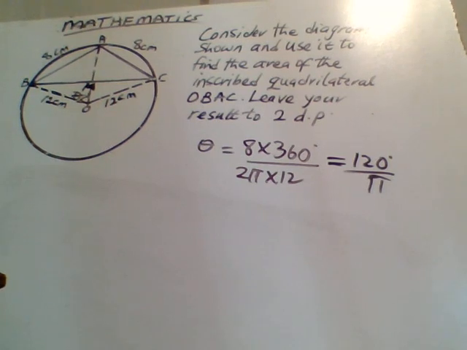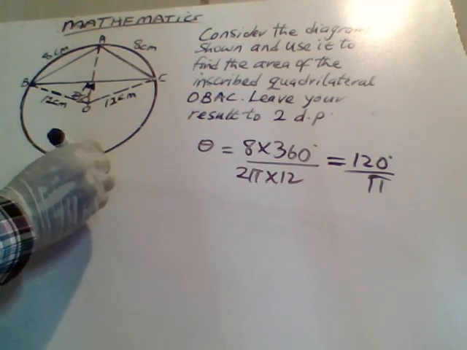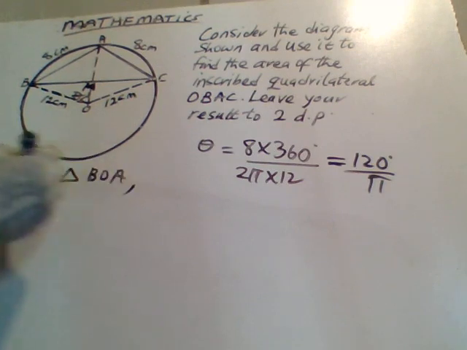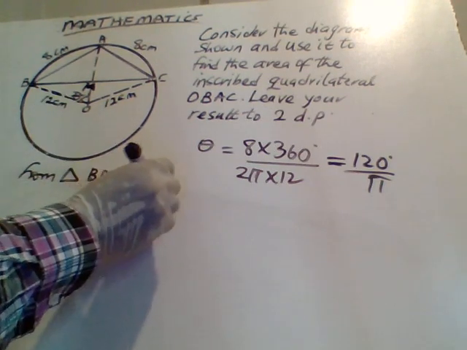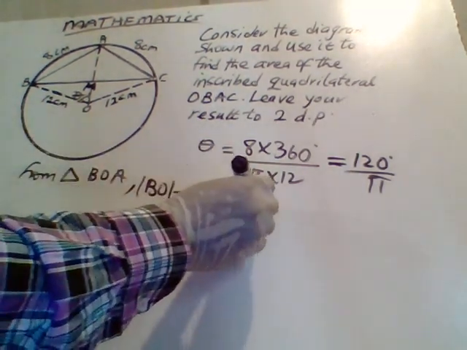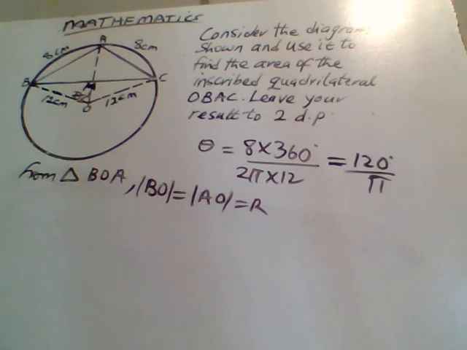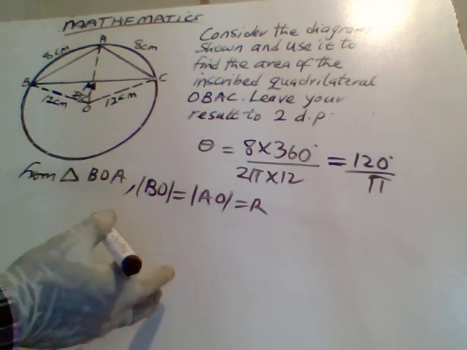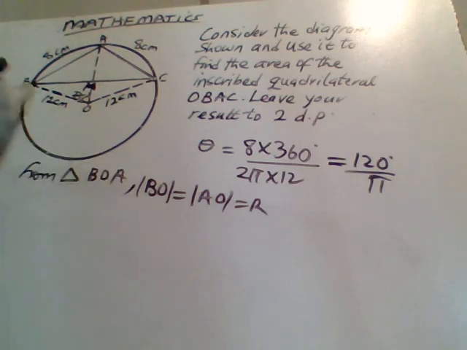Once we have done that, the next thing to do is to consider triangle BOA. From triangle BOA, we know that BO is equal to AO, and that is the radius of the circle, which we call R. So we can use the ordinary trigonometry formula to find the area.